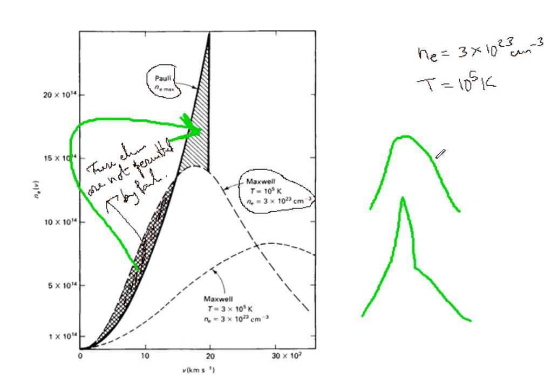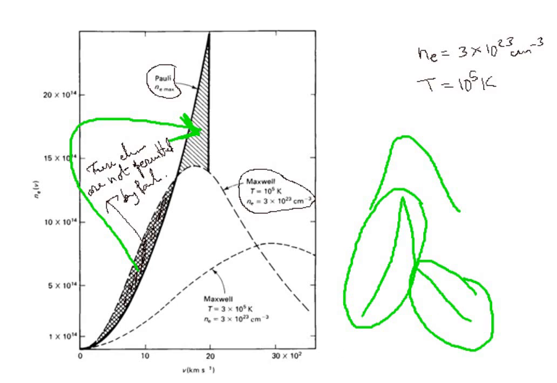This one is somewhat degenerate and this one is somewhat Maxwellian, so we have both cases here. Now what happens if the electron density is increased further? Then the shaded area will grow much more and a large number of electrons have to acquire high energies. So P0 grows and the Maxwell tail shrinks over here.